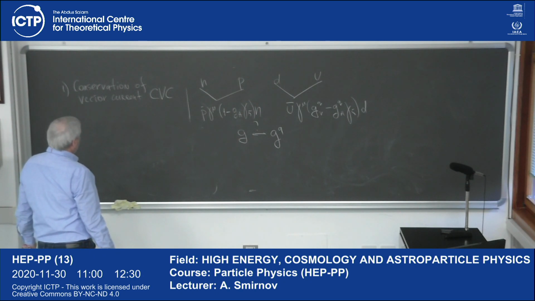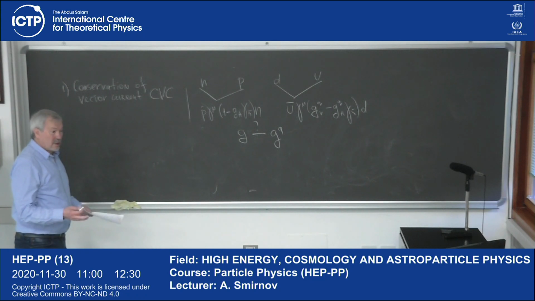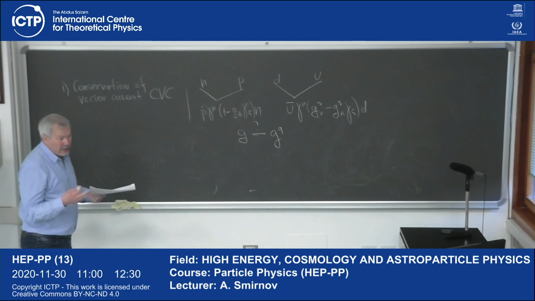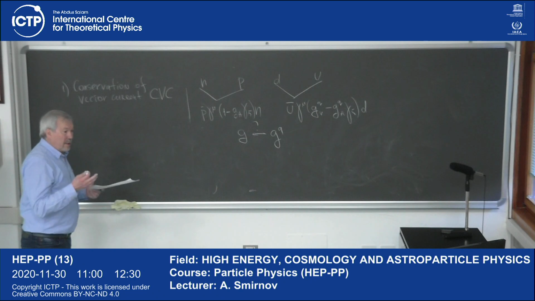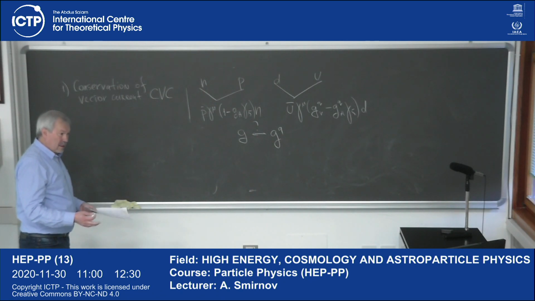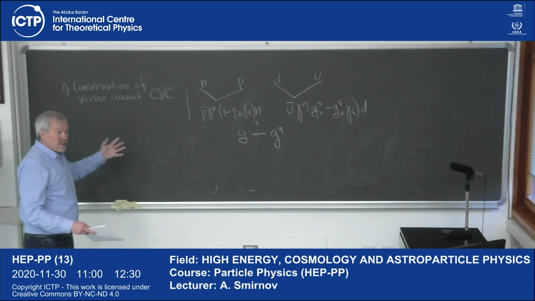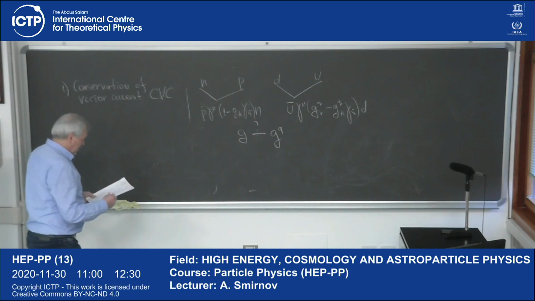This conservation of vector current, and therefore the corresponding charges, so we have conservation of electromagnetic current, which leads eventually to conservation of electric charge. Here, this idea about electric charge in electrodynamics is generalized to the case of weak interactions and strong interactions.